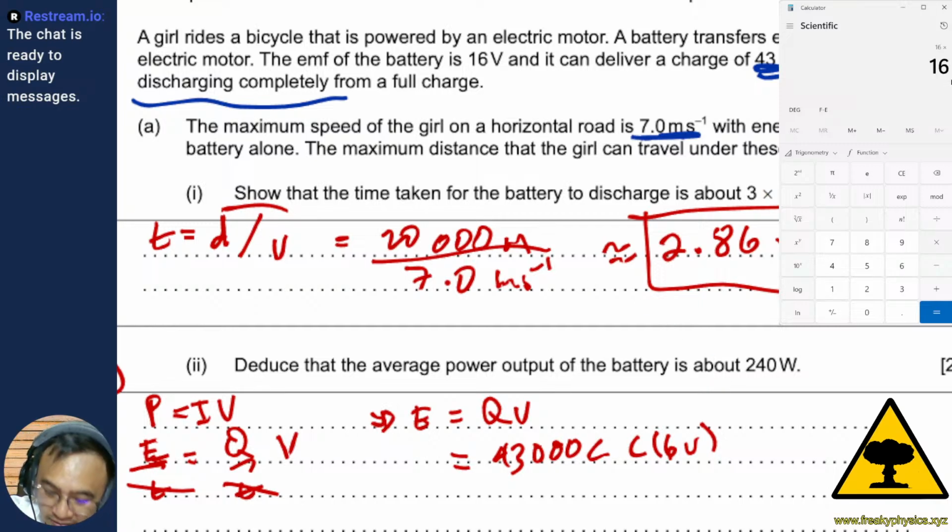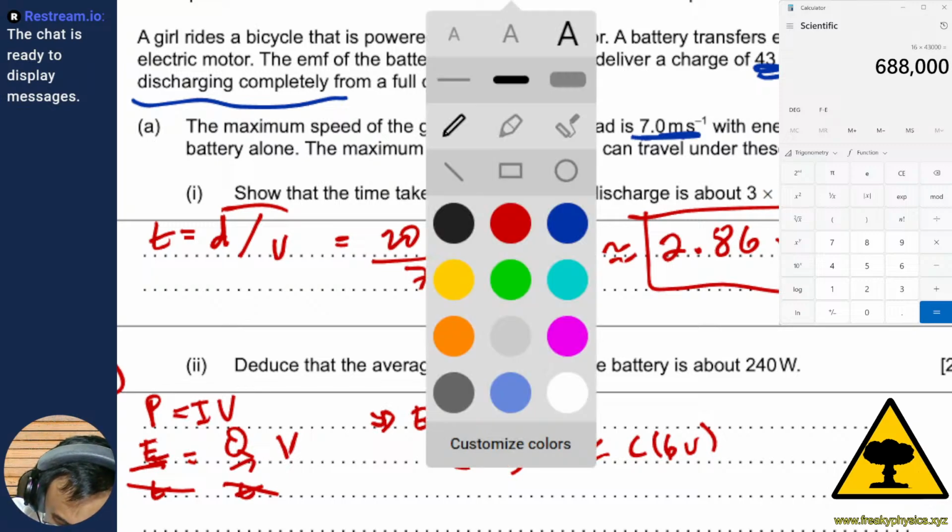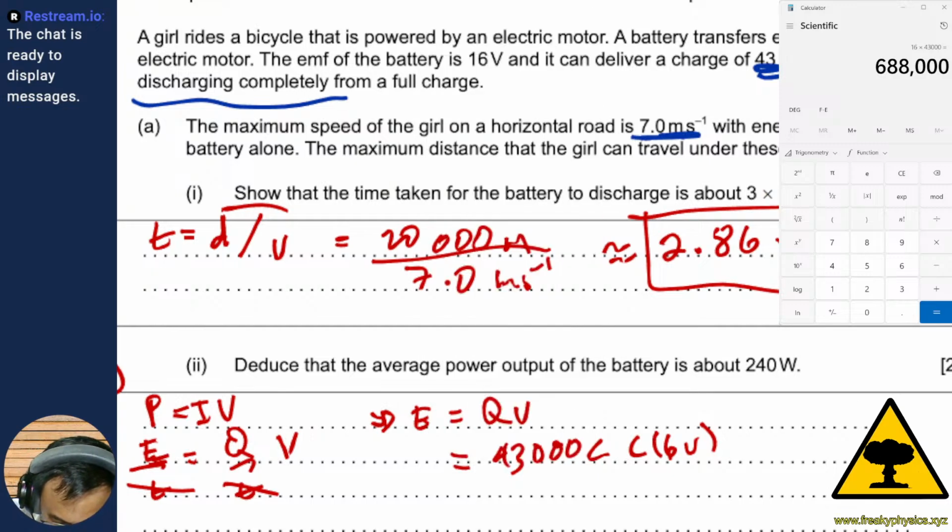So 16 times 43,000 is going to be 688 thousand, right? And this is going to be in joules.